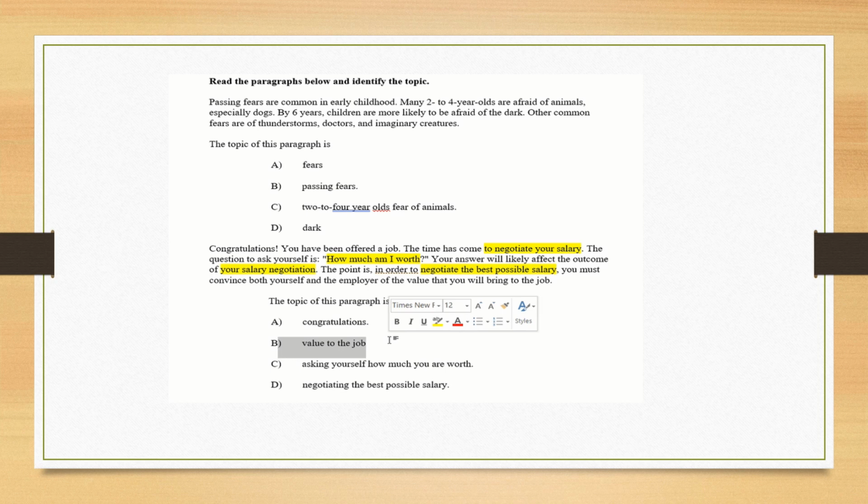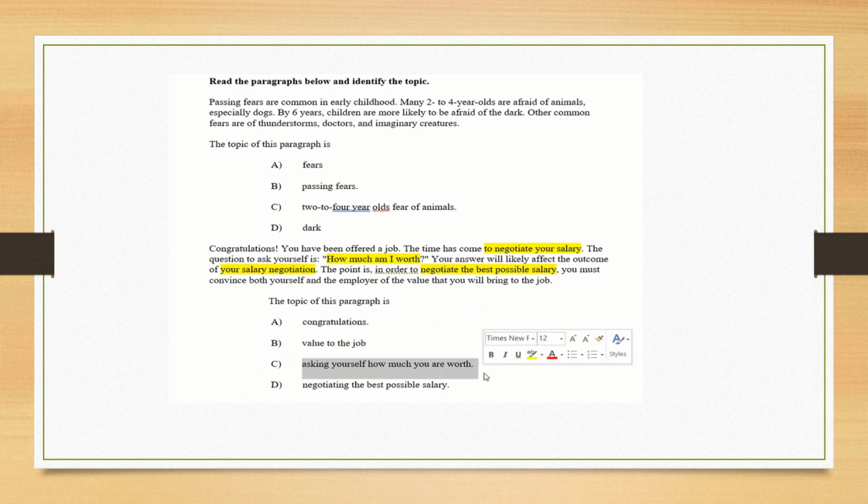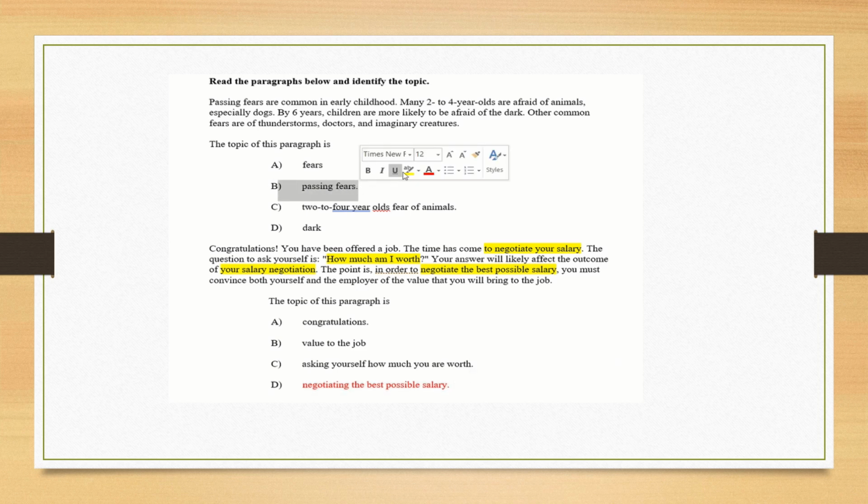That bringing value to the job is just one aspect of being able to negotiate that salary. Asking yourself how much you are worth. Once again, this is a specific idea. It is just one aspect of negotiating your salary. And what is my topic? Negotiating the best possible salary. Okay?